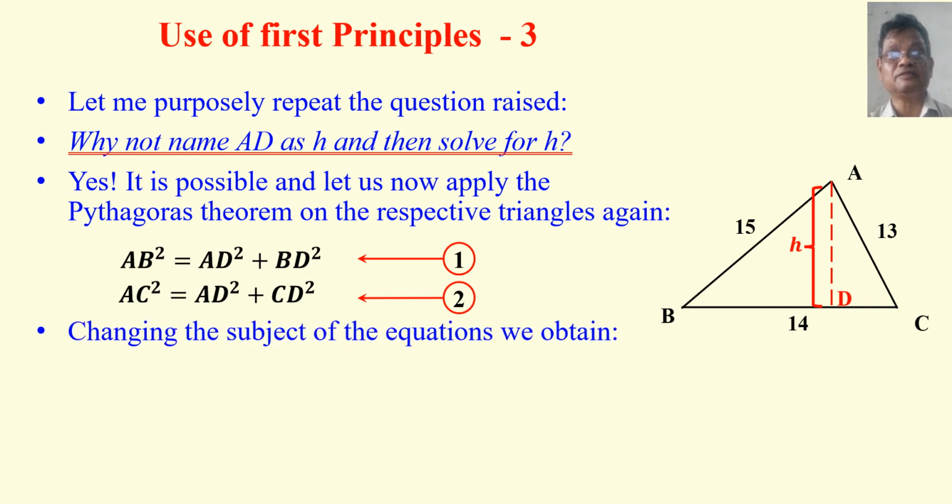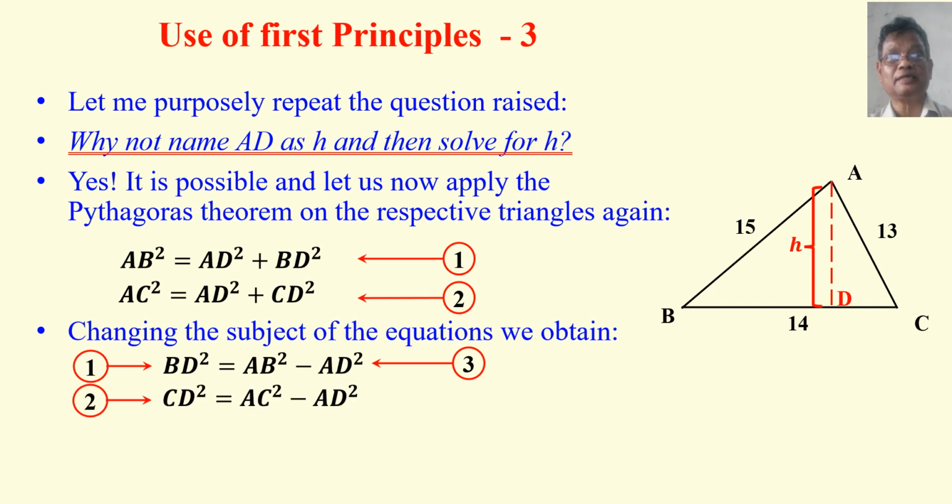Changing the subject of the equations, we obtain the first one becomes BD squared is equal to AB squared minus AD squared, labeled as equation 3. Equation 2 now becomes CD squared is equal to AC squared minus AD squared.